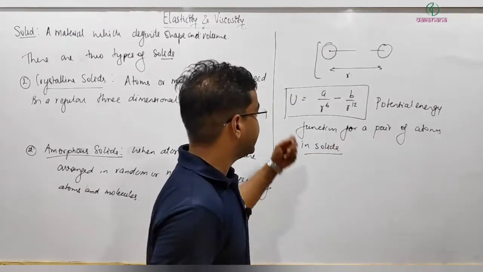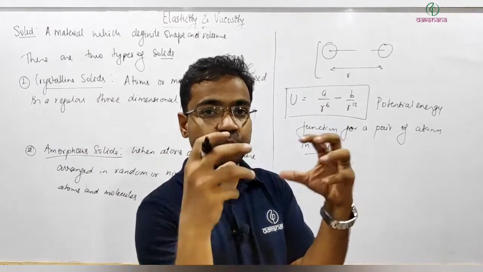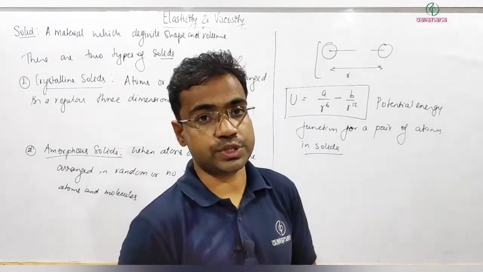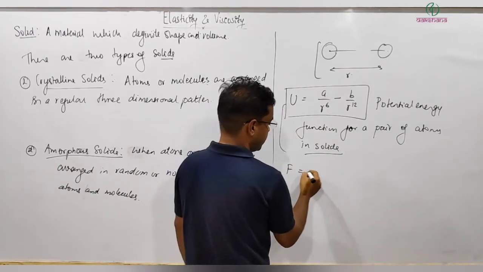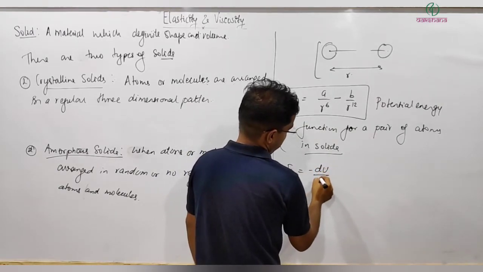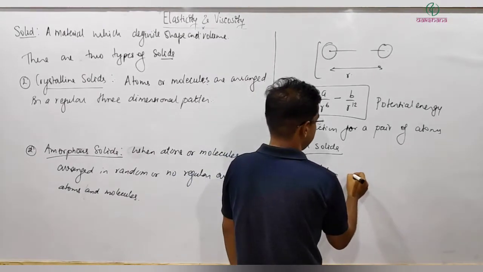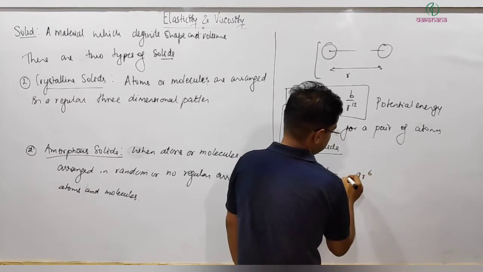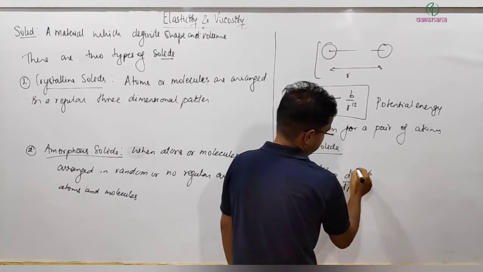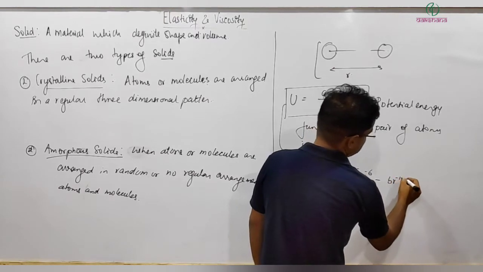So what is happening, these atoms are bonded together with some force, is it? What is that force? We know it's minus dU by dr. If I differentiate it, then that will be minus d by dr of A r^6 minus B r^12.